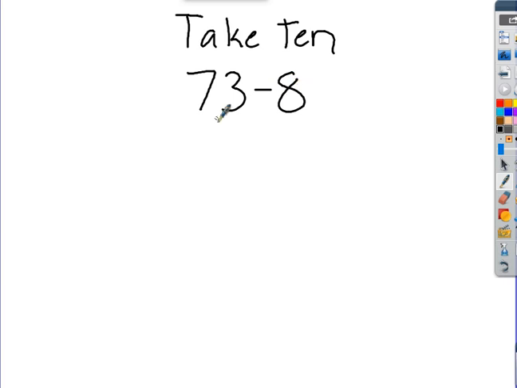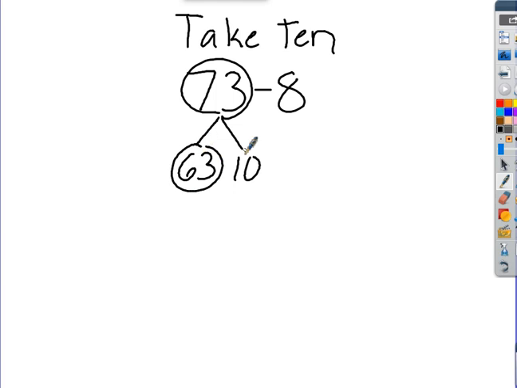We're going to take 10 from the subtrahend, and that's going to leave us with a 63 and a 10. Again, you can see how it forms a number bond. Then what we're going to do to start is 10 minus 8 is 2.